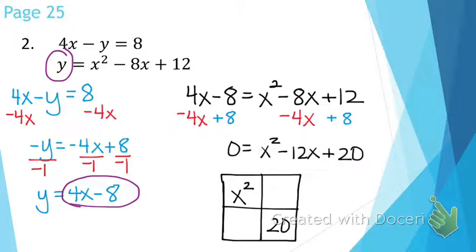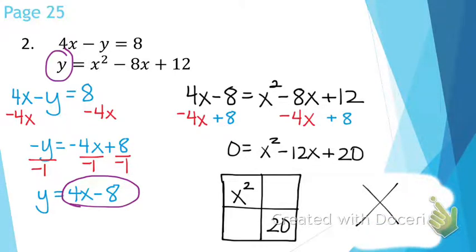So I need two numbers that multiply to be 20 and add to negative 12. So just give me a thumbs up if you know my numbers. I'm not going to call on you. I just want to see how many of you know the numbers. All right, that's good. So I'll give you another 60 seconds to think about numbers.